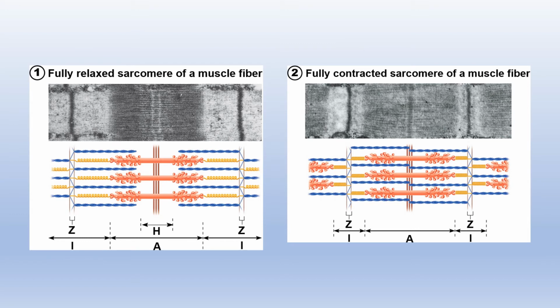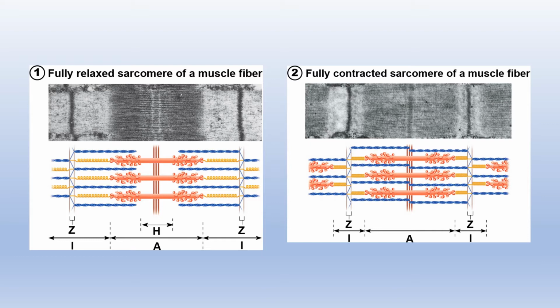On this slide, you should focus more on the cartoon rather than the microscopic image. Remember, in orange, you have the myosin or the thick filament, and in yellow and blue, you have the actin filament. But what you need to note here is what happens to the sarcomere during muscle contraction, which is seen in image 2. But in image 1, you have the H zone present, which is characterized by no actin.